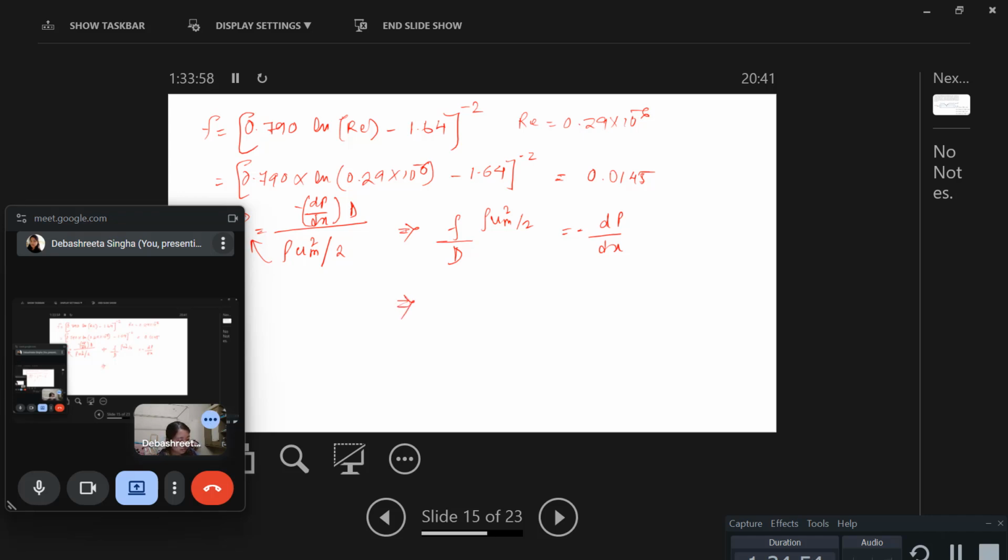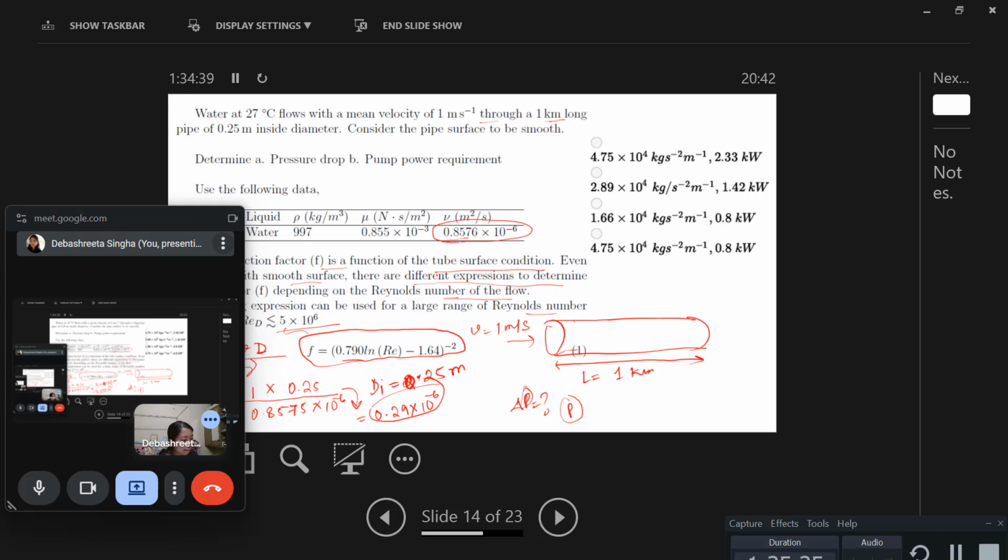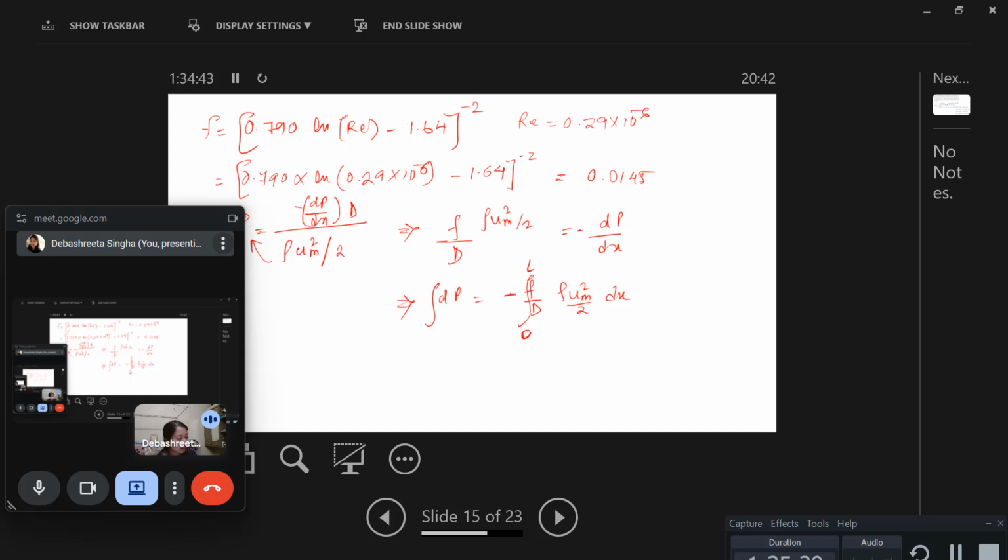So we can integrate it. If we integrate it from 0 to L, meaning the length of the tube, we get delta P is equal to F by 2D rho V square into L.